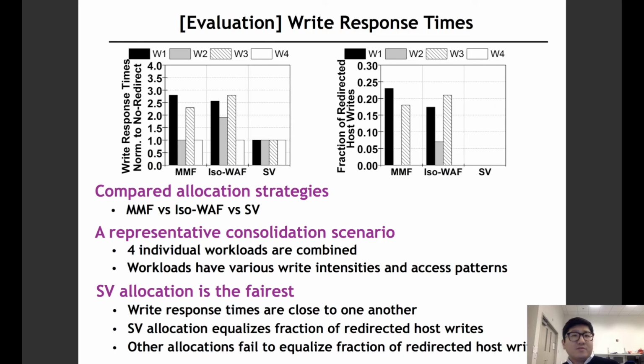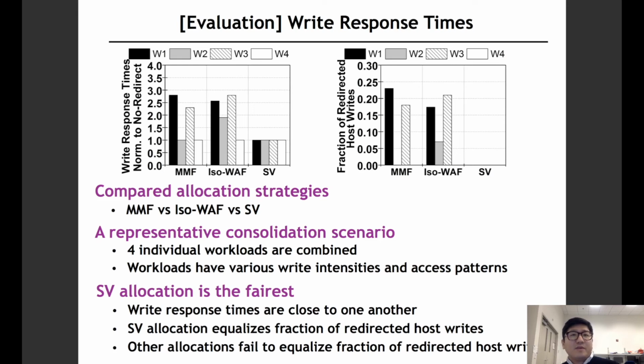Values are normalized to the case where all writes get serviced from flash, so there's no write redirection. The right graph plots the fraction of redirected host writes of the four individual workloads under three different allocation strategies.